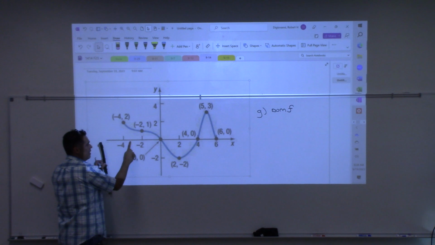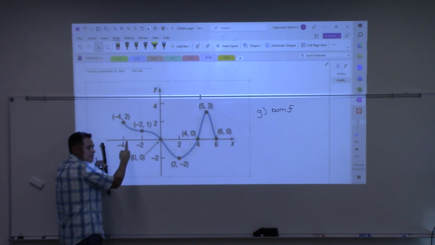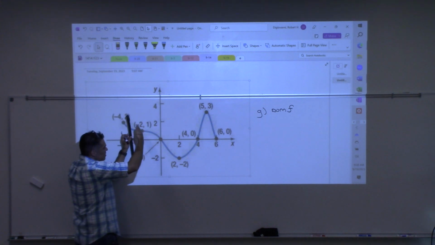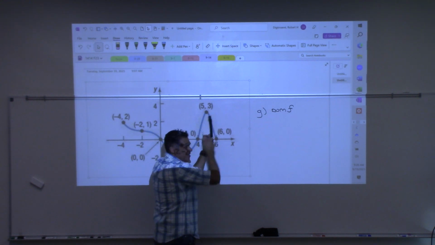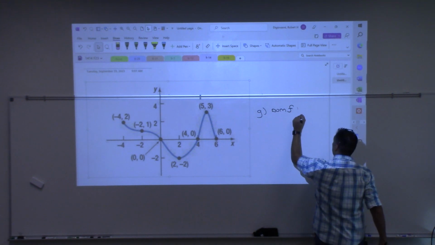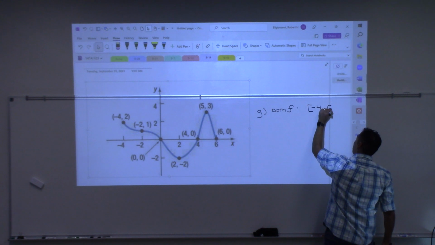Can I plug in -3 and get an answer? Can I plug in -3.999? Yes. So from -4 over, I have picture, I still have something, until when? Until 6, and then I stop. So the domain of this, again, is an interval. It starts at -4, and it ends at 6.